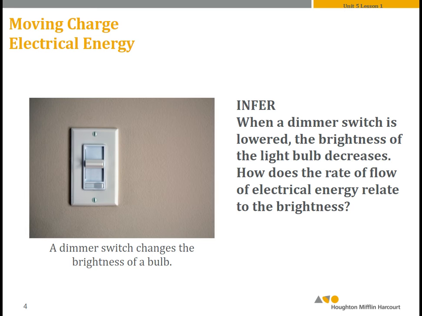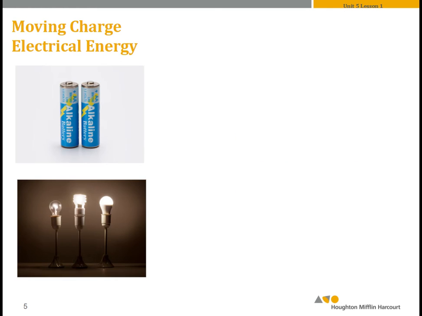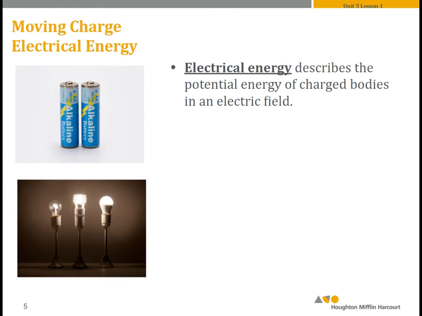This is electrical potential energy. Electrical potential energy, or electrical energy, can be stored. The electrical energy is the potential energy of charged bodies in an electric field. And charged bodies can be things as small as electrons, or things that contain a lot of electrons, or have a deficiency of electrons.